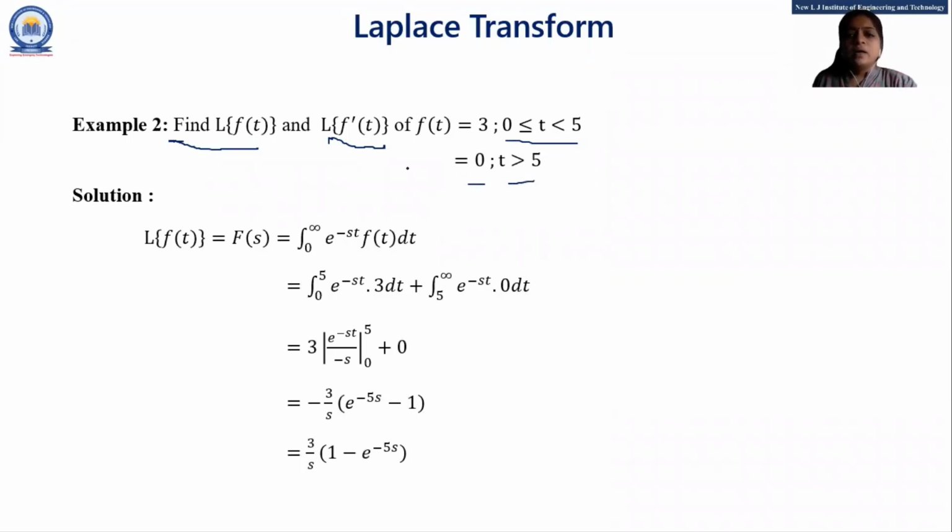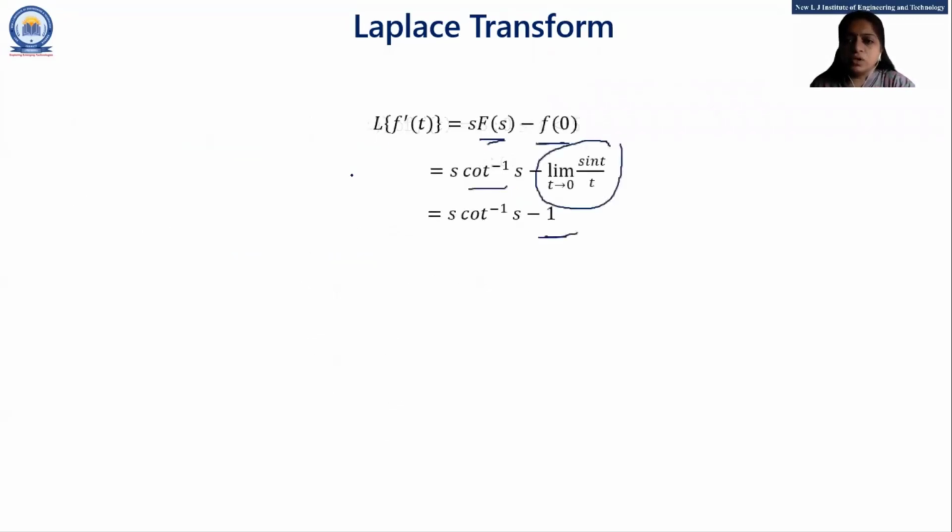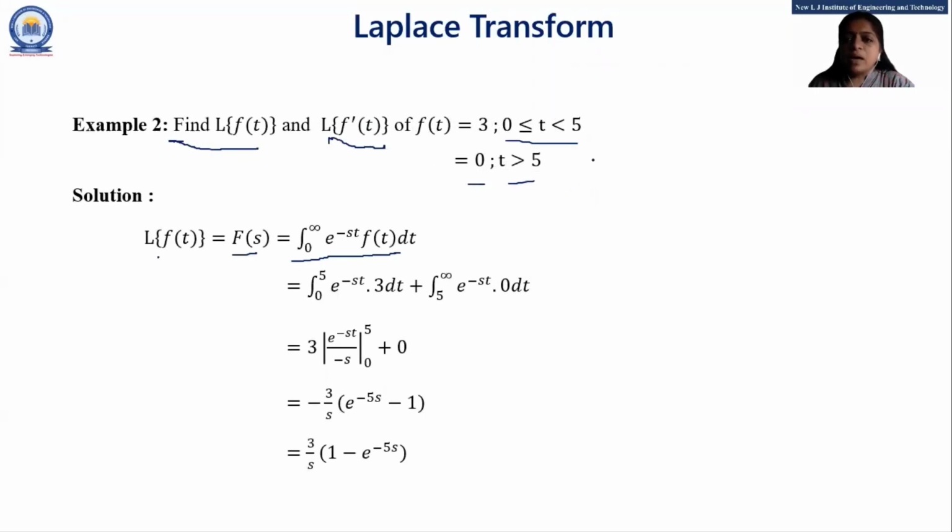As we want to find the Laplace of f of t equal to F of s, first we apply our definition, that is integral 0 to infinity e raised to minus st f of t dt. This we learned in our first lecture. When our given function is a discontinuous function, at that time we have to solve by definition only, right? So for t from 0 to 5, e raised to minus st, our function is 3.